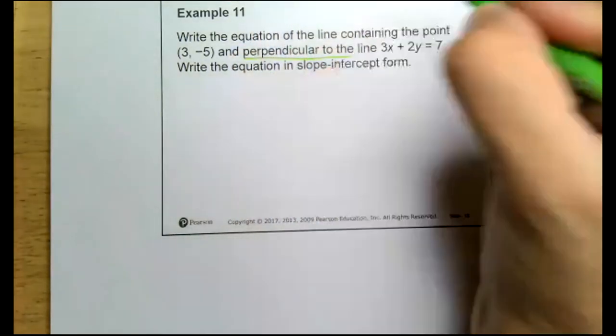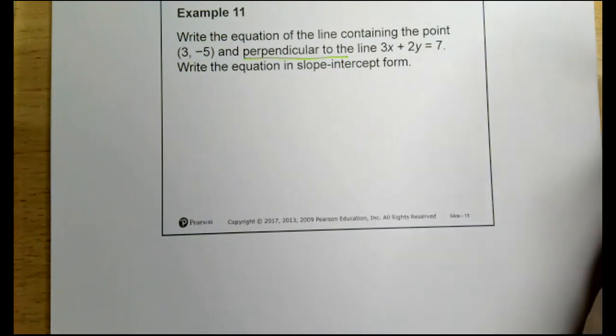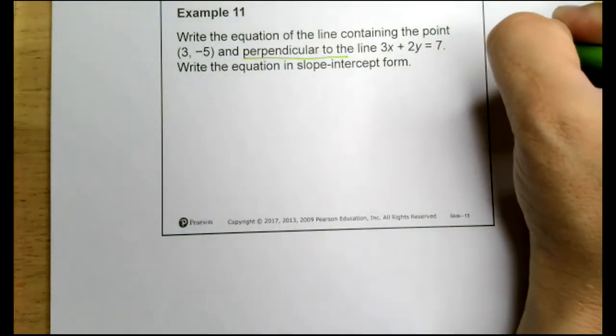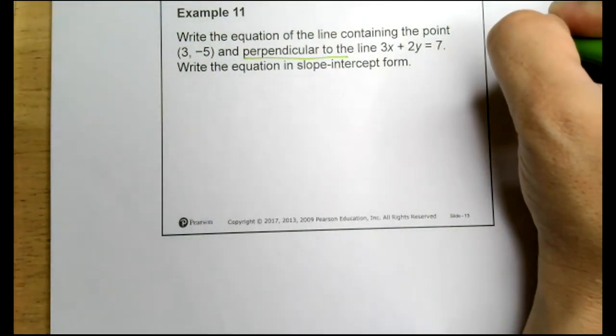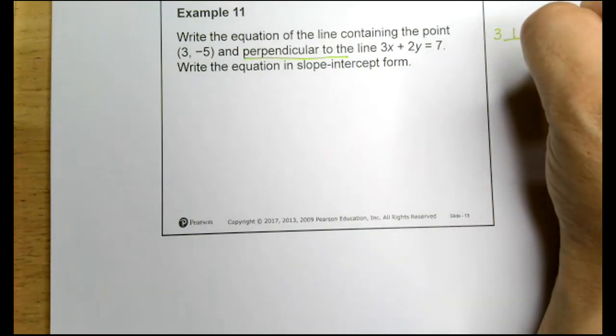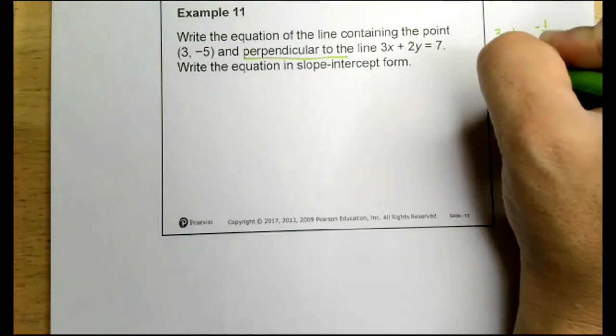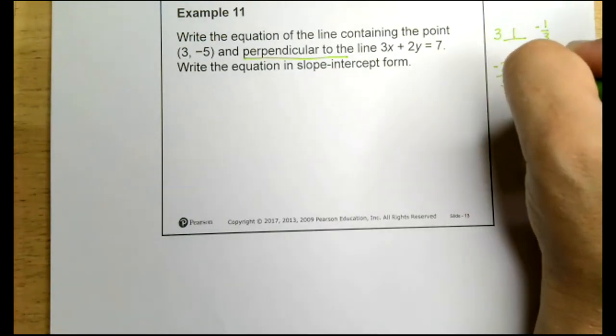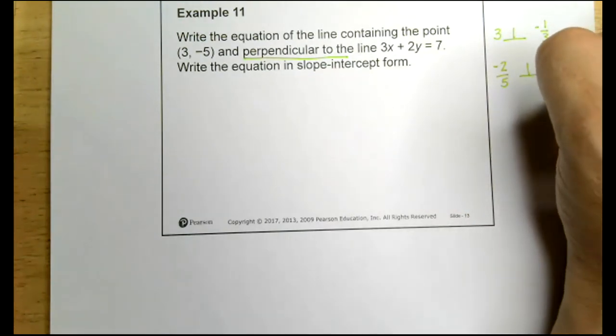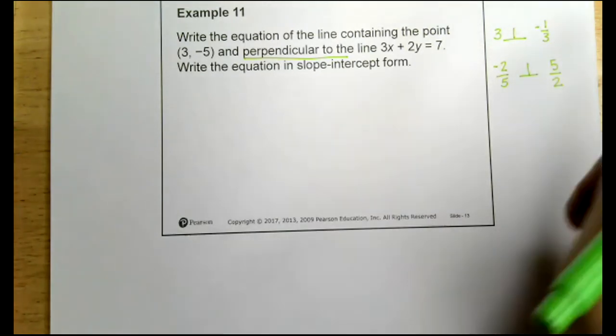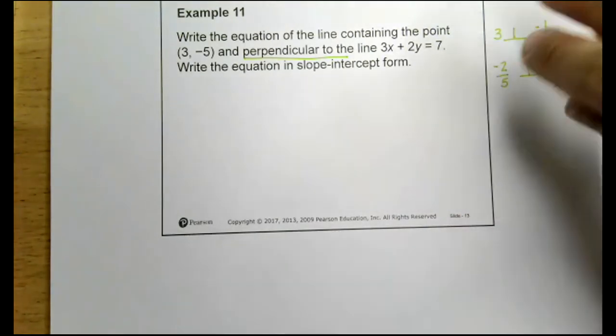Perpendicular to 3 would be -1/3. -2/5 would be perpendicular to 5/2. So we have to make it a negative and we have to flip it.